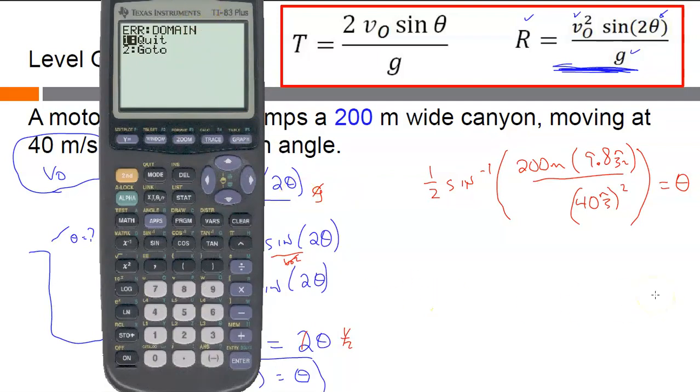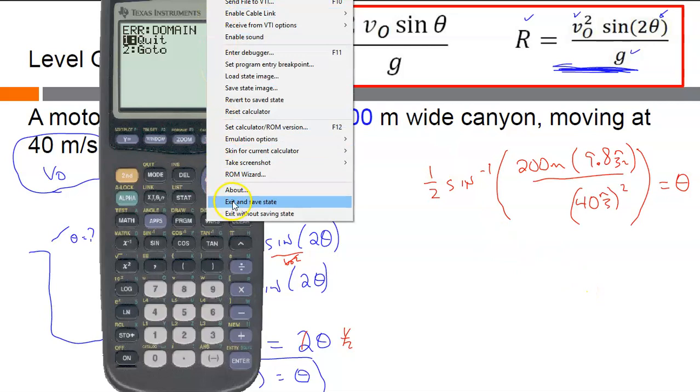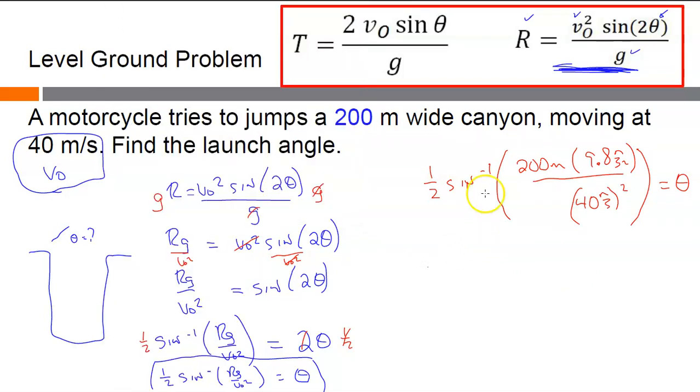There's a little interesting thing that happens here. If you want to go as far as you possibly can, the best angle to go at would be a 45. Why is that? Because when I come in, I put a 45 right here. 2 times 45 would be 90. Sine of 90 is 1. That's the biggest thing I ever get out of this.